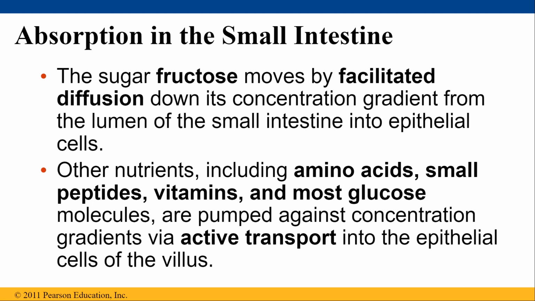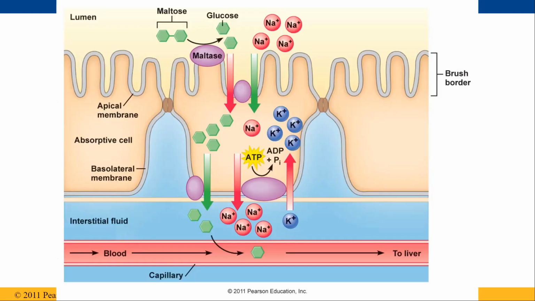And other nutrients like amino acids, small peptides, vitamins, most glucose, those are going to be pumped against the concentration gradient using active transport. So again, active transport, when you're going from low concentration to high concentration, is going to require energy. So again, different molecules are going to move across the membrane, depending upon their concentration, to get into those cells.